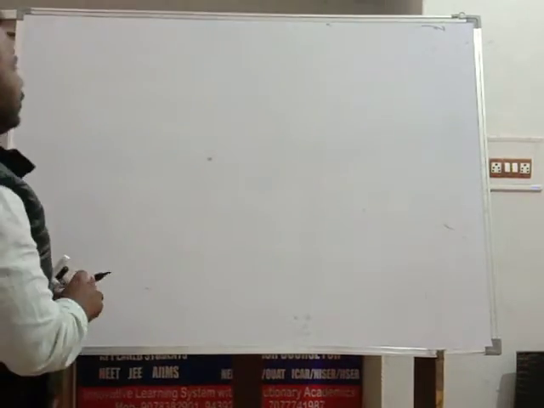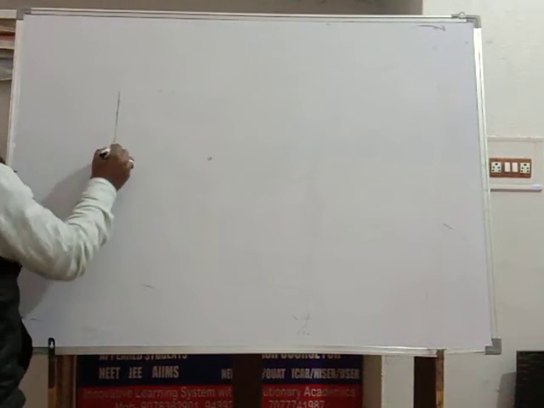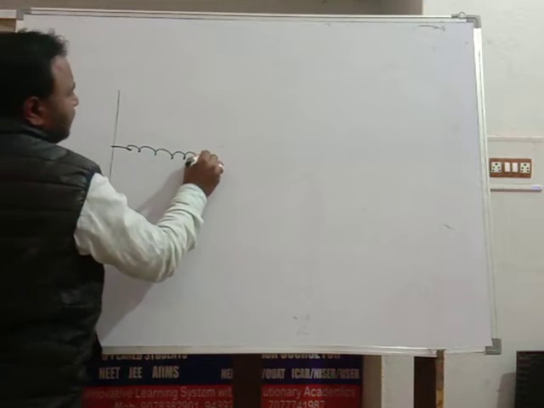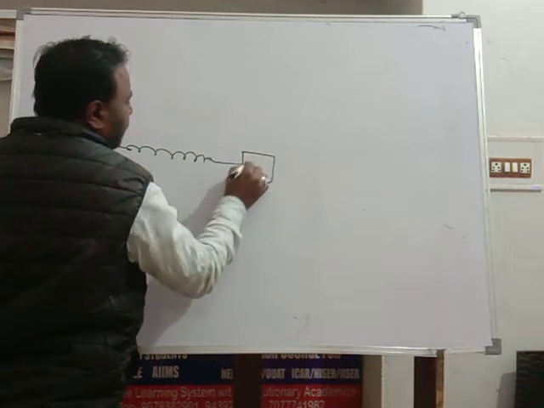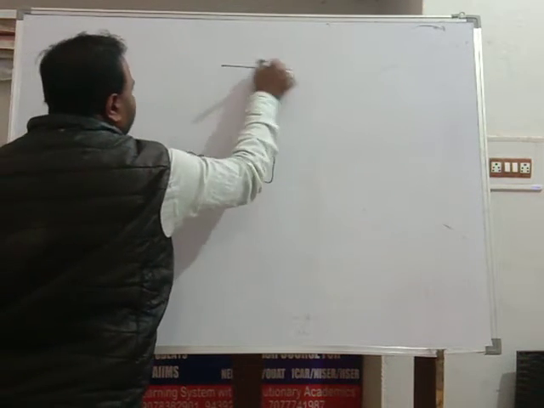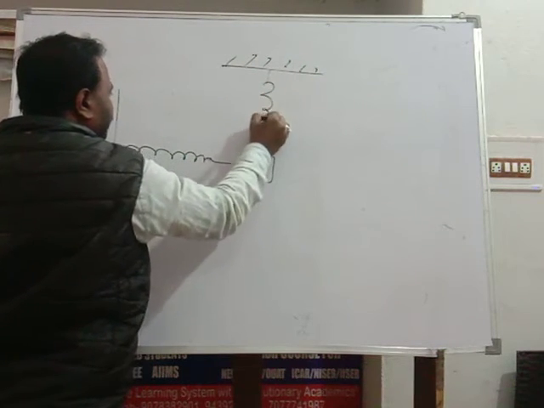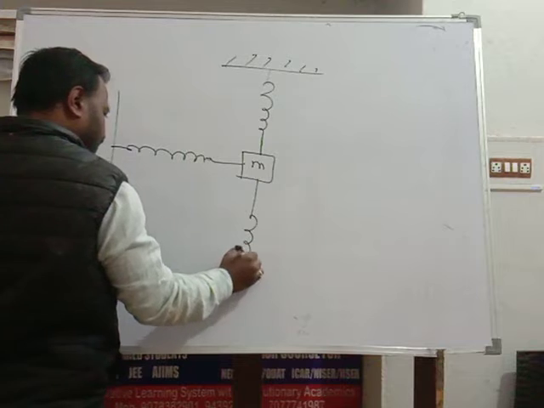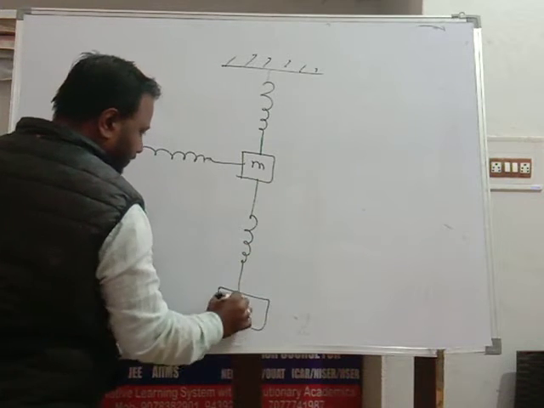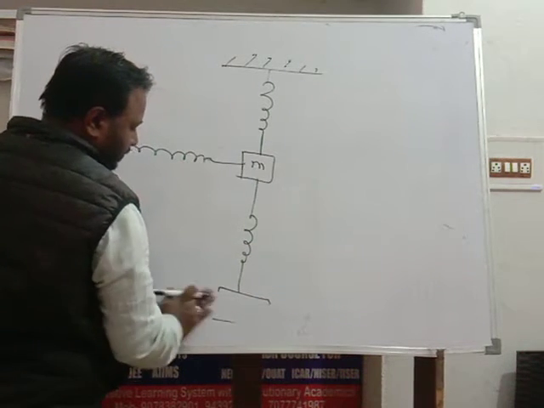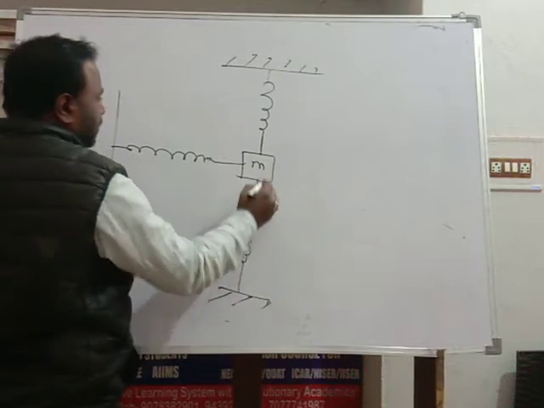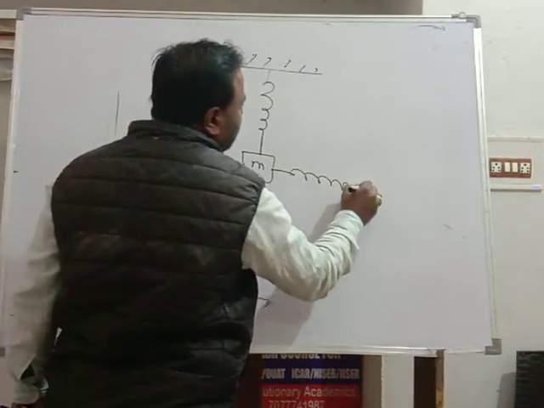Suppose there is a situation given. Suppose this is a spring attached to a block of mass m. This is a rigid support, right?